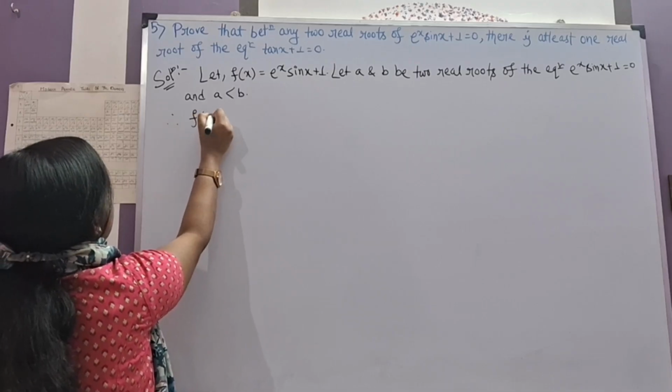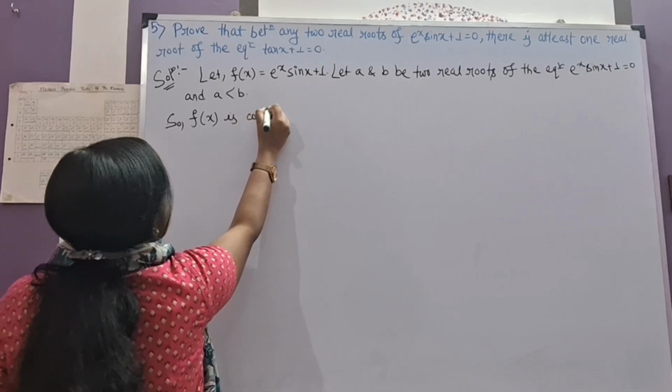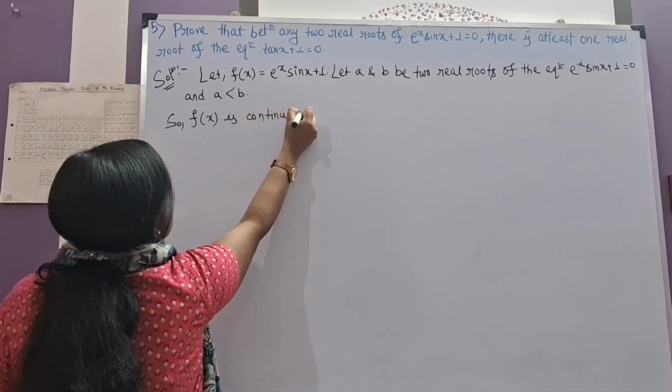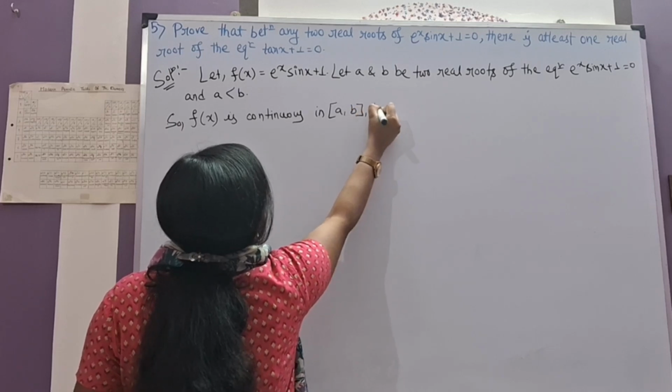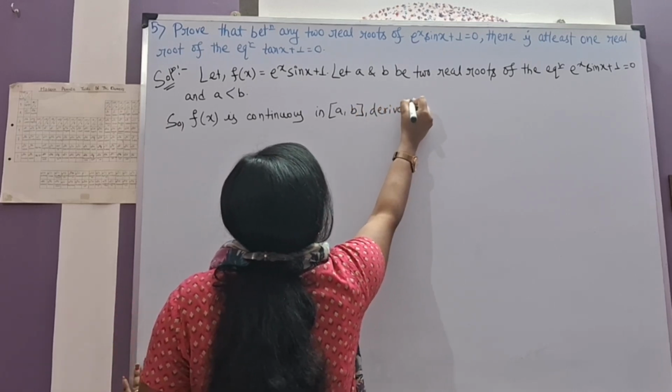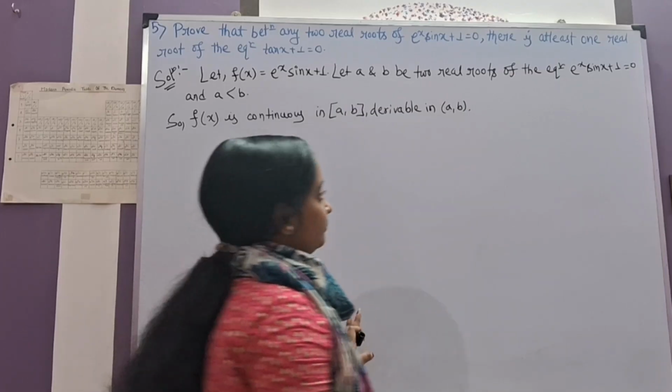So f of x is continuous in closed interval a comma b, derivable in open interval a comma b.